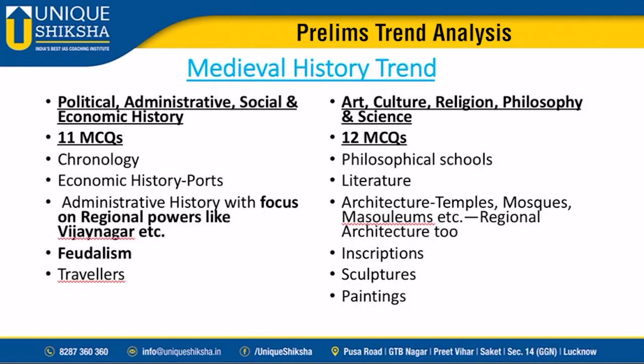Next, medieval history. Again, focus on the chronology for the political aspects, and focus on regional powers like the Bahmanis and Vijayanagara's administrative aspects, and the travelers who visited various parts of India. But you can opt out of some medieval aspects: if you can cover the chronology and you know the basics, then depending upon the time and the priority areas in this last one month, you can revise it.